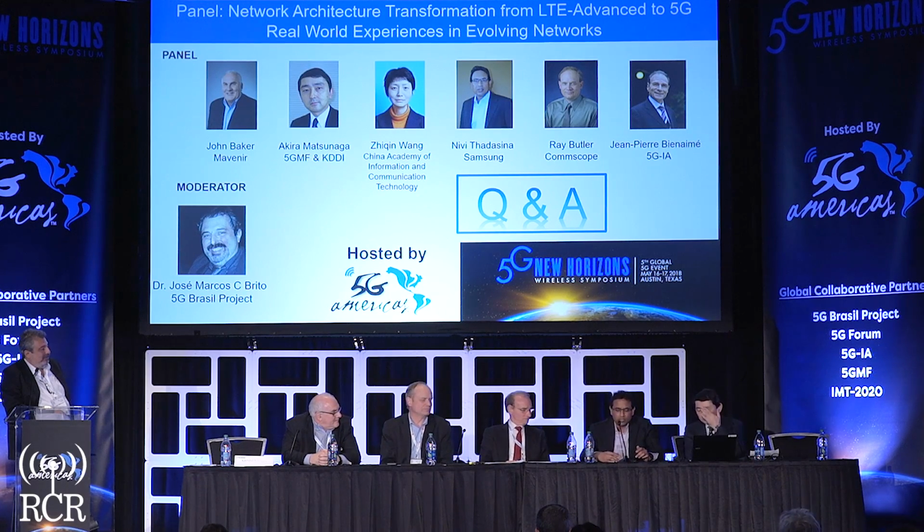Okay, it's a very interesting question, but we have time for only one more. Yeah, let me just add to it. Another area which is also important, purely from the radio standpoint and spectrum, is the coexistence of LTE and 5G.